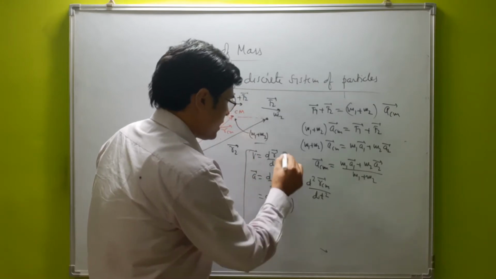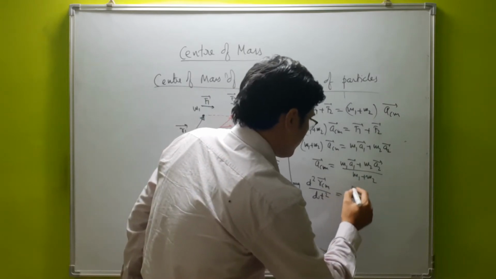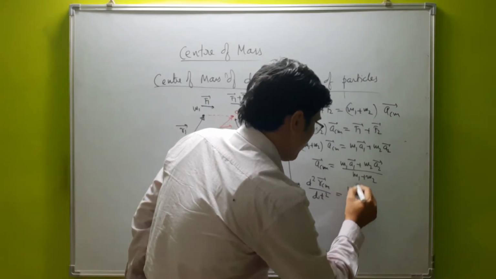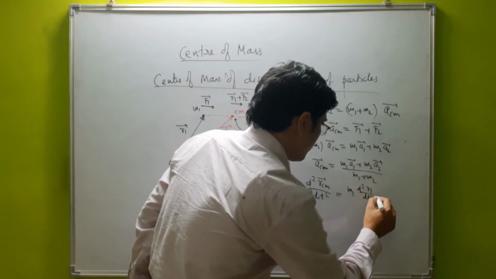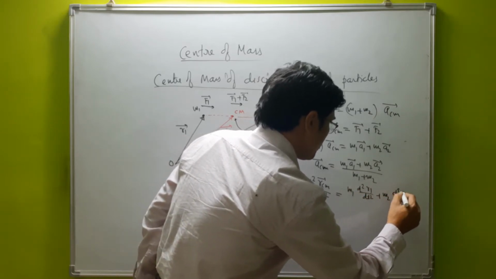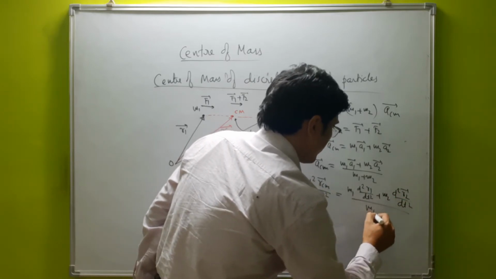From this logic we can definitely write this one, right? Similarly we can write m1 d square r1 by dt square plus m2 d square r2 by dt square, divided by m1 plus m2, right?